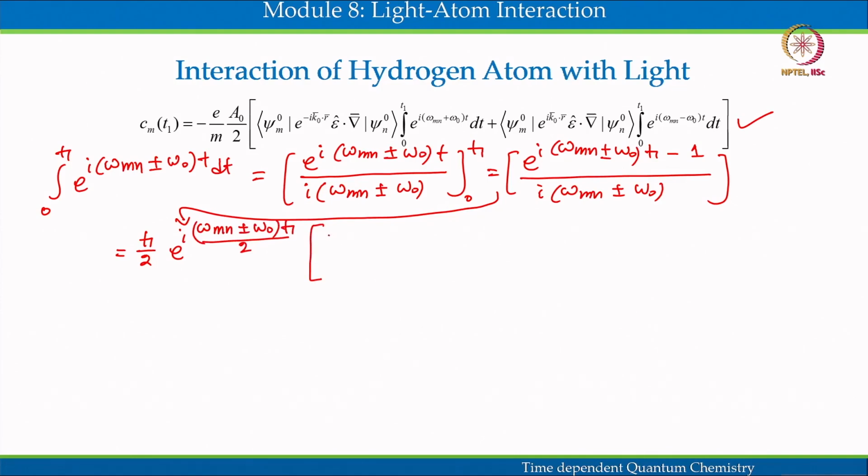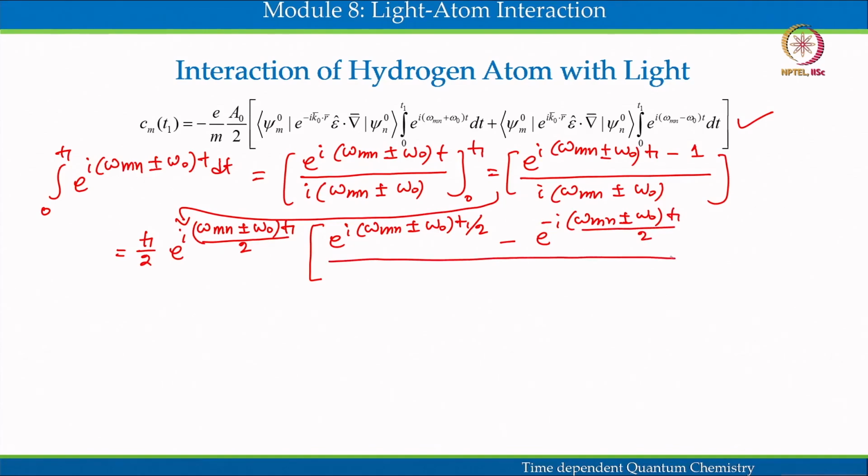We are multiplying by this, then I get e to the power i (omega mn plus minus omega naught) t1 by 2 minus e to the power minus i (omega mn plus minus omega naught) t1 by 2, divided by i (omega mn plus minus omega naught) t1 by 2. We will be able to write this down this way.